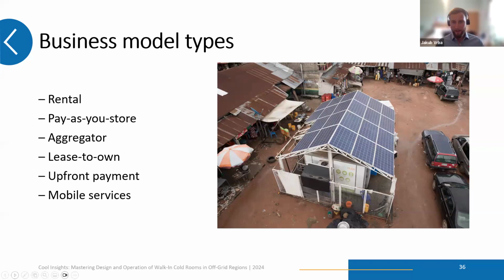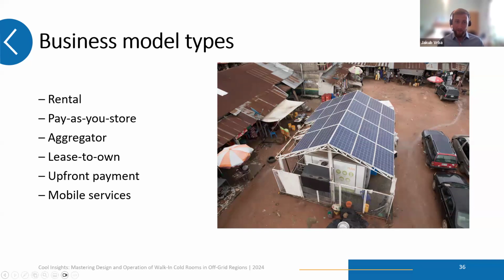Next model, very promising with relatively limited case studies to date, is the pay-as-you-store model, which again is a service-based model where customers don't need to own the cold room itself.